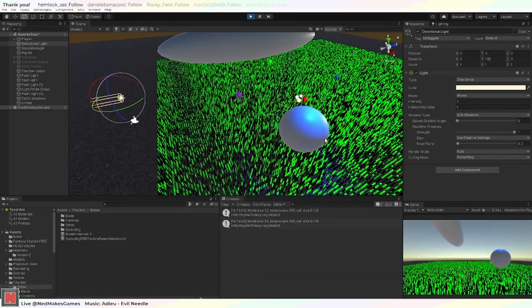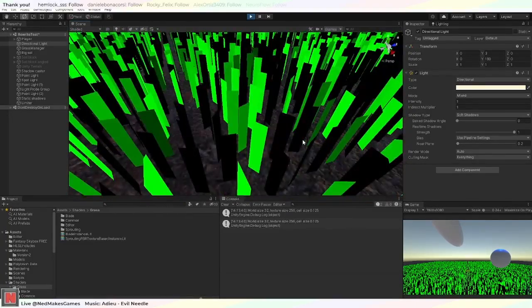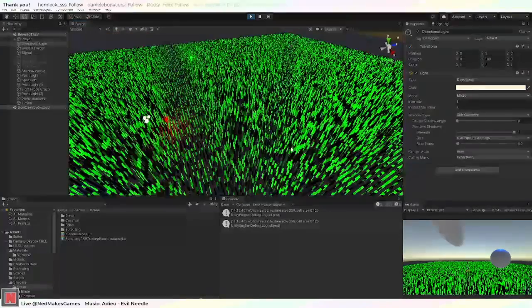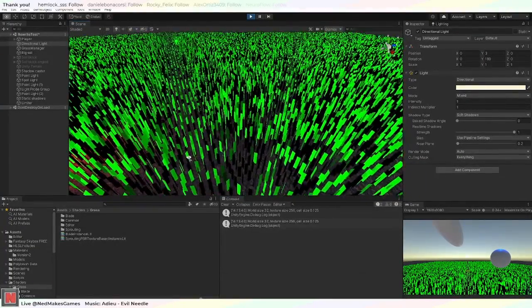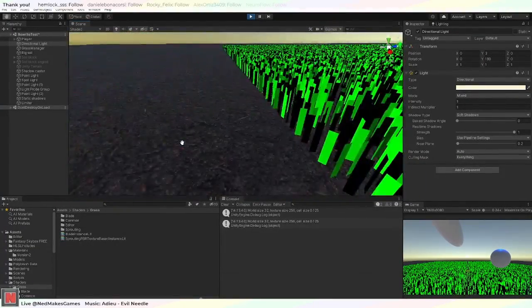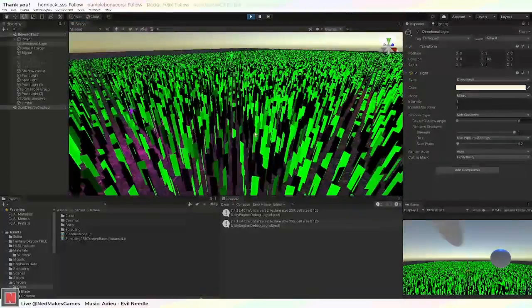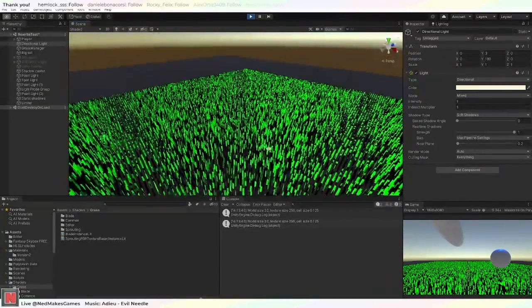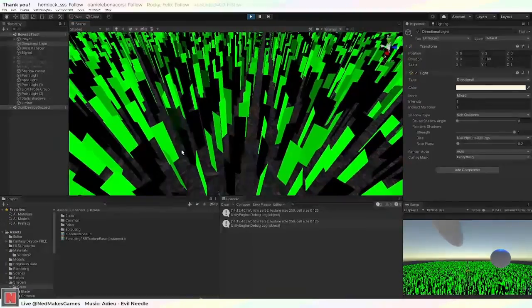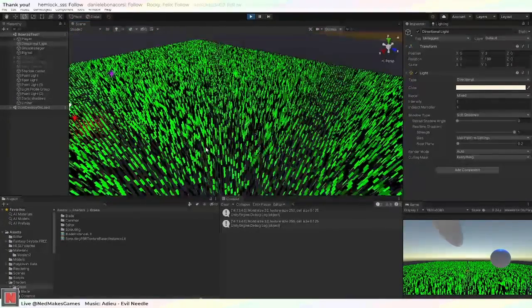Obviously, this isn't how we'd actually want to light the blades. It's more just for testing, because grass is kind of transparent, so it would never be dark on one side, really. But okay, so now we have a simple kind of rotation here.